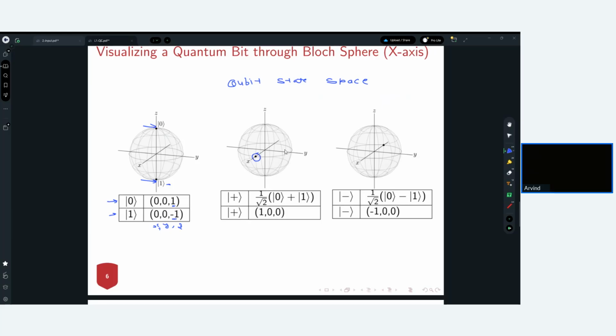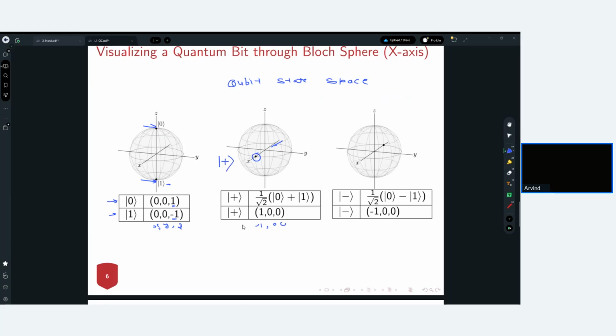Now let us see this point, where the x-axis cuts the equator. The point at which the x-axis cuts the equator has the coordinate 1, 0, 0, and this point is called the qubit plus.